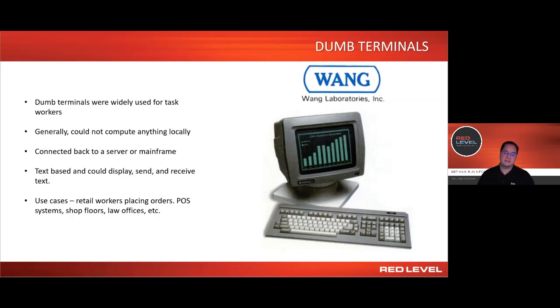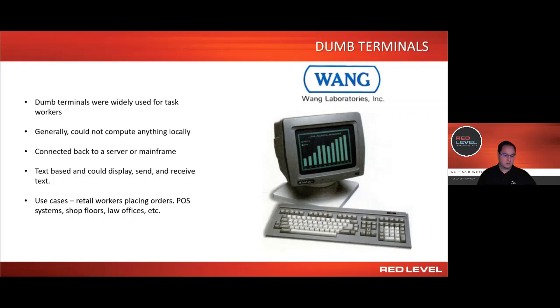The idea is they would talk back to a mainframe or a server behind the scenes, and the worker would walk up, see output from that machine and enter input in, but there's no processing happening on the dumb terminal itself. So it's just giving you a view into information that's back on a server. So it was pretty simple, again, just a text-based, simple device.